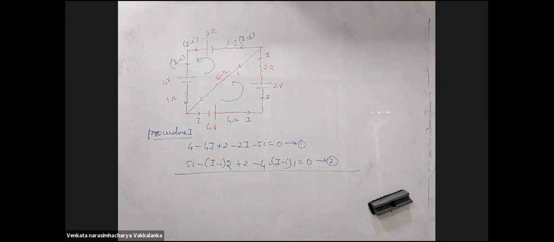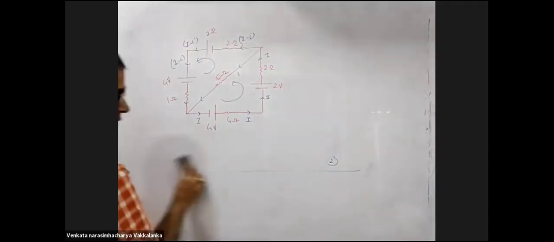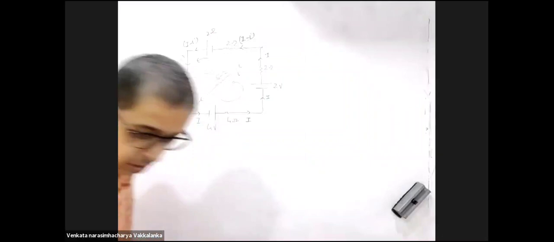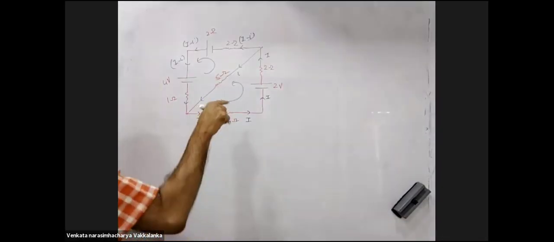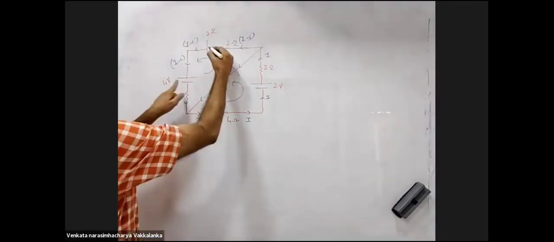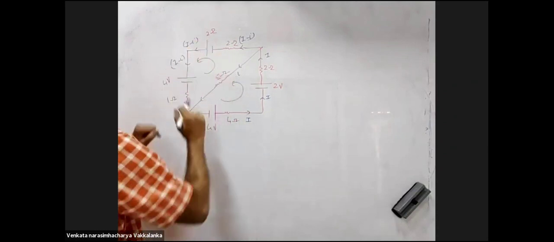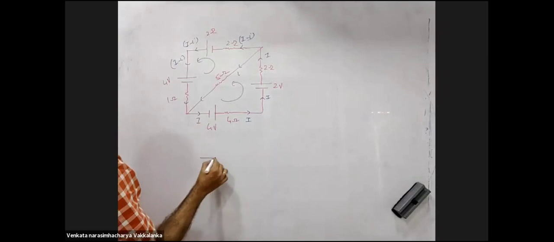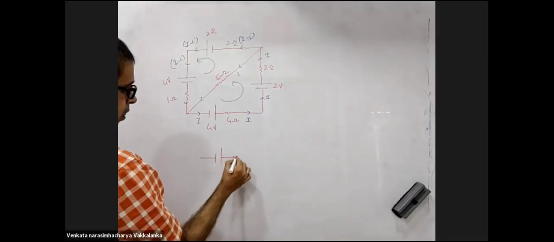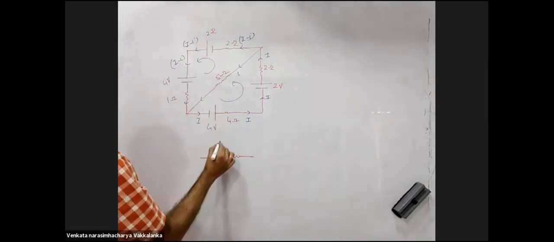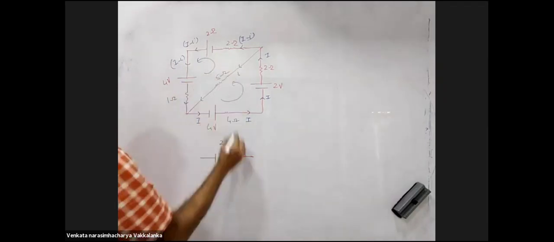Noted, sir. Now, what is the second procedure in this? Have a look at this. These both cells are in series, but they are oppositely connected, right? 4 minus 2 is 2 volts.